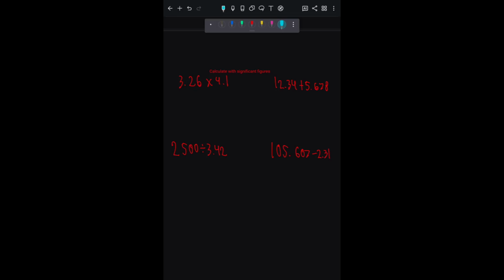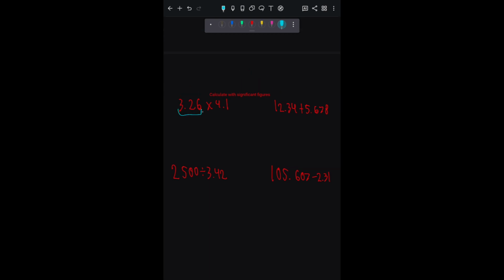Alright, multiplication, immediately we know you go based off the one with the least significant figures. 4.1 is 2 significant figures. 3.26 is 3 significant figures. So you're going to go based off the 2 significant figures, and you get your calculator and put 3.26 times 4.1.